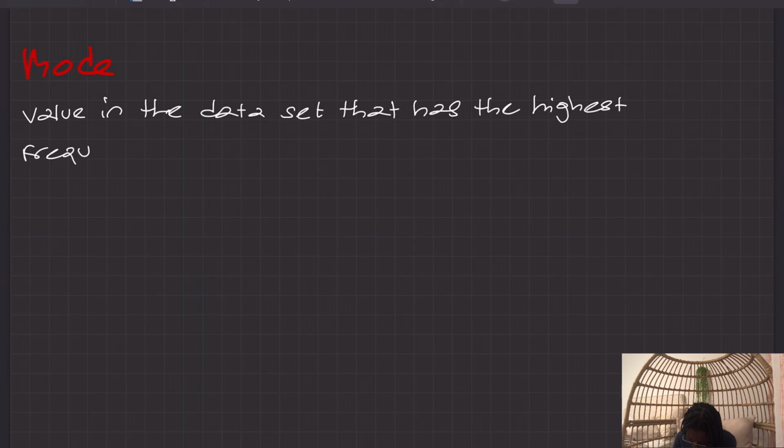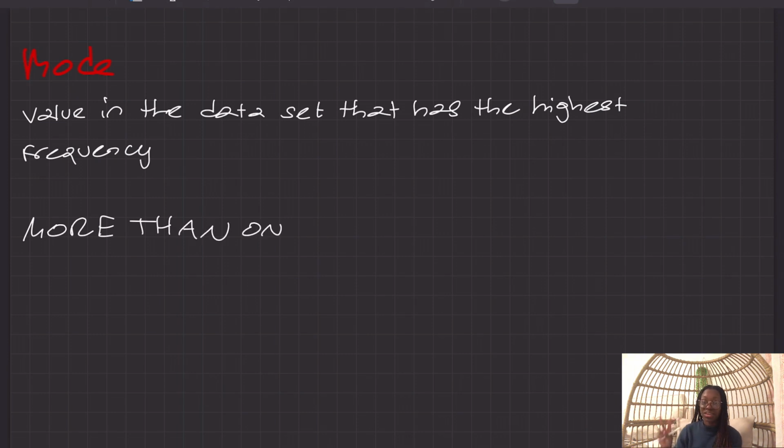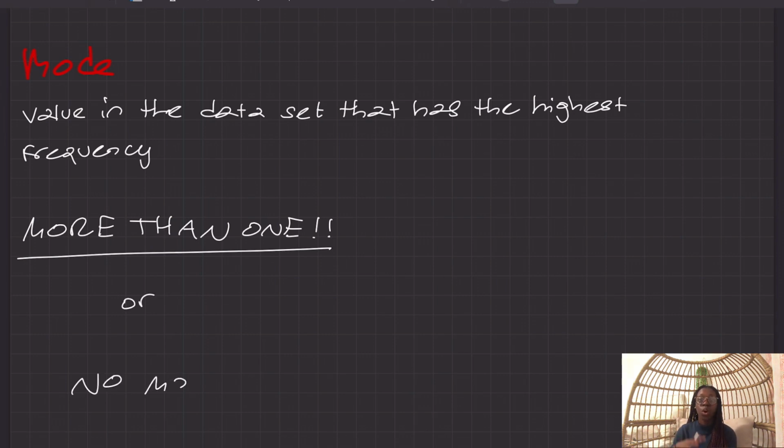Basically, the number that occurs in a data set the most amount of times. And sometimes there can be more than one mode. That's what's unique about mode. There can only be one mean and one median, but there can be multiple modes. There can also be no mode, but there will always be a median and there will always be a mean. So that's also really important as well. Just a little trivia for you.